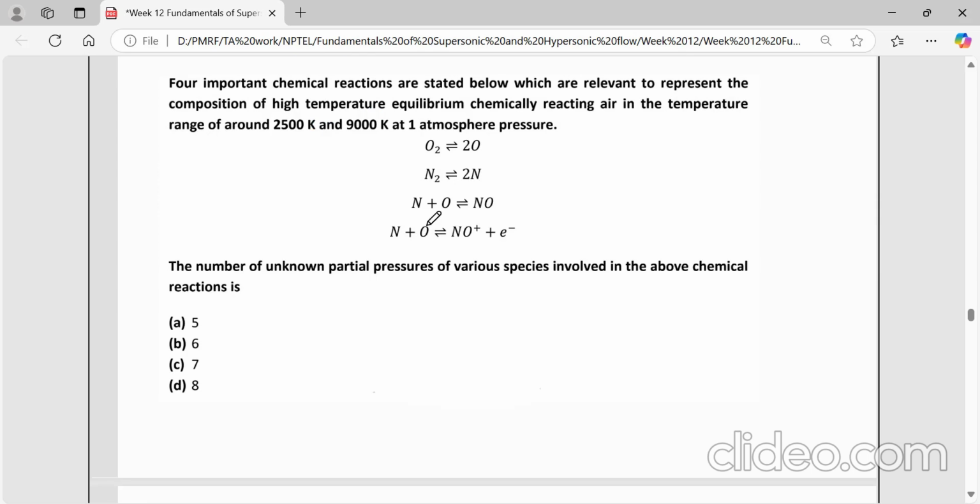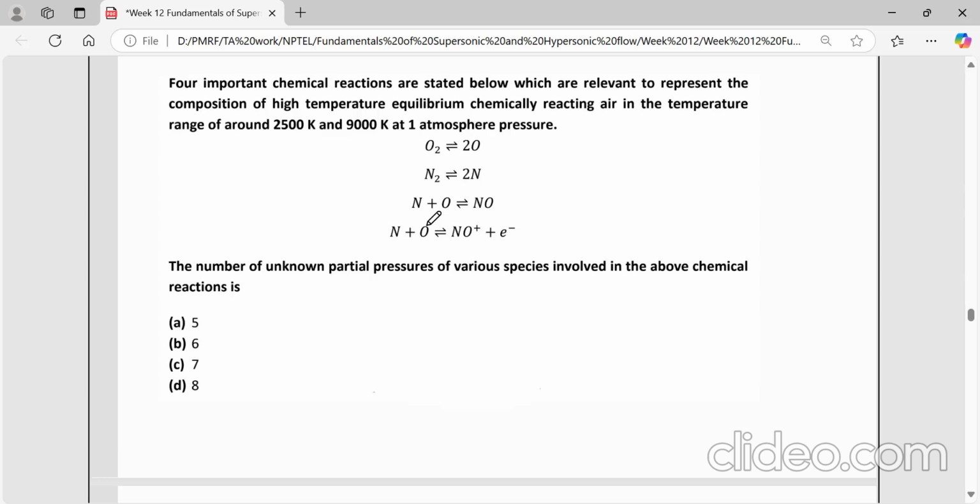4 important chemical reactions are stated below, which are relevant to represent the composition of high temperature equilibrium chemically reacting air in the temperature range of around 2500 Kelvin to 9000 Kelvin at 1 atmosphere pressure.